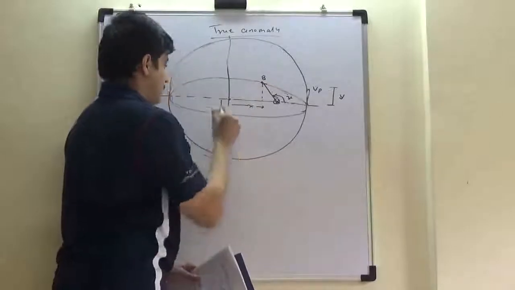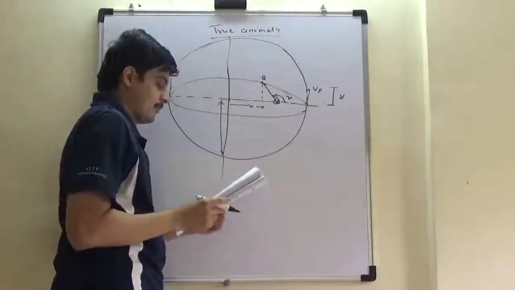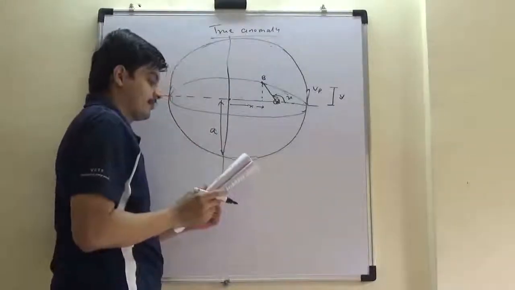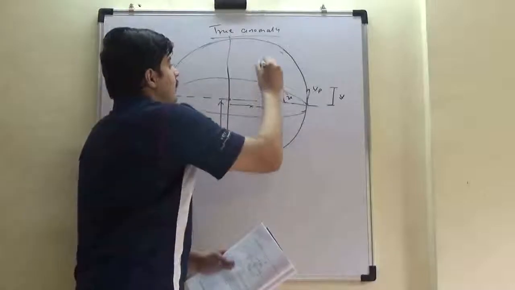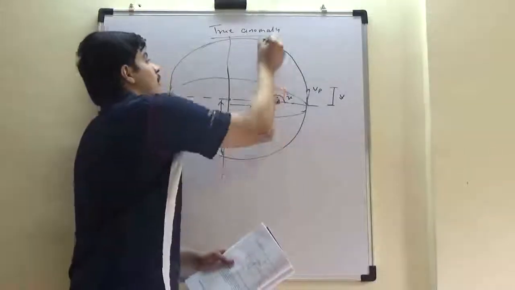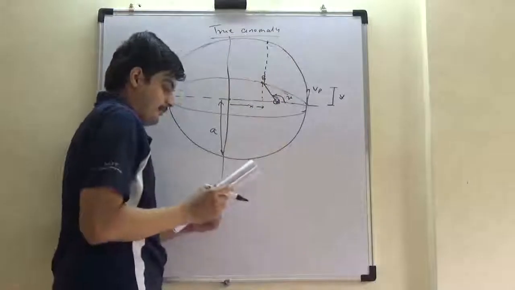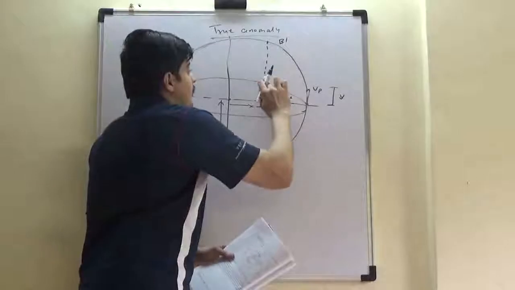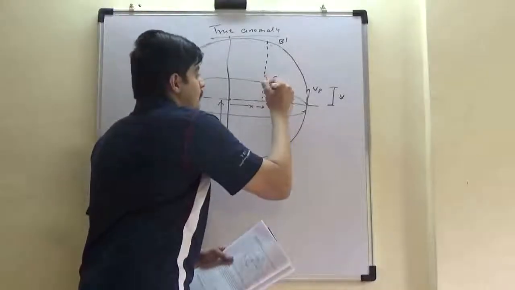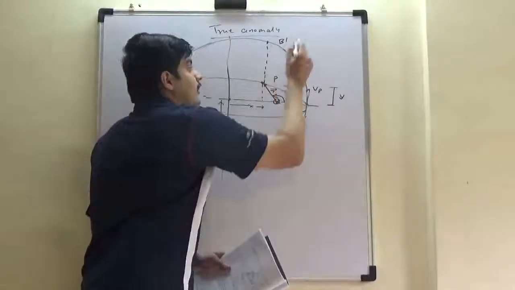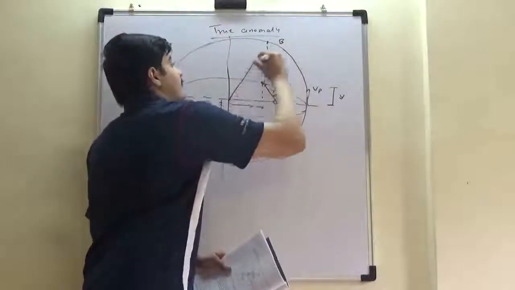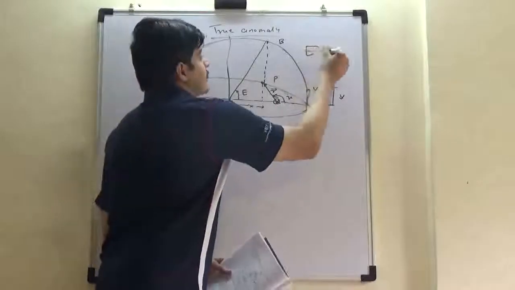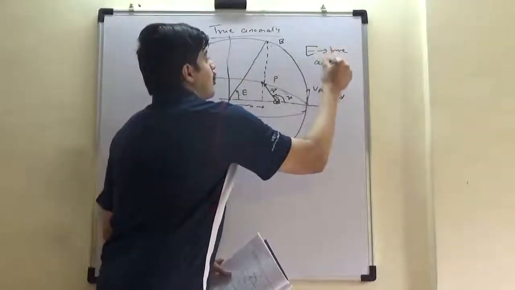Radius of circle is A. So this circle, now I project this point here called as B dash, right? Or if I call this point to be P at a distance R vector, I call this point B. This forms a certain angle E. E is called true anomaly.